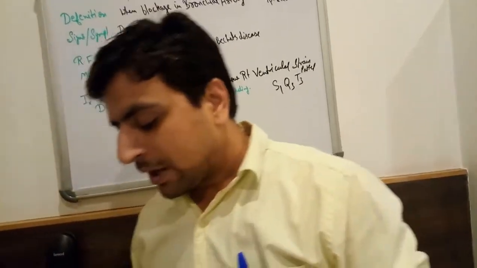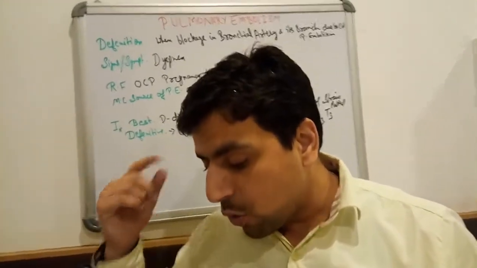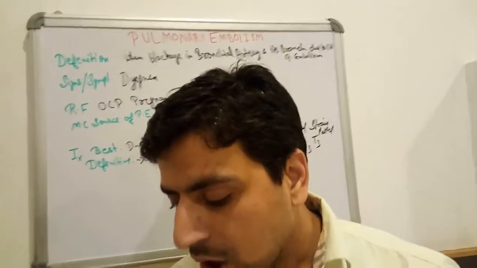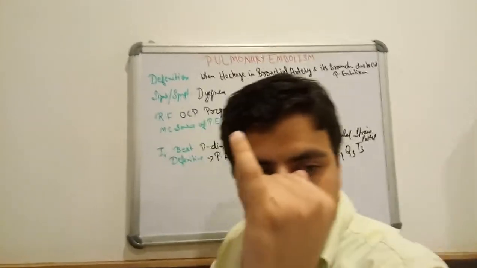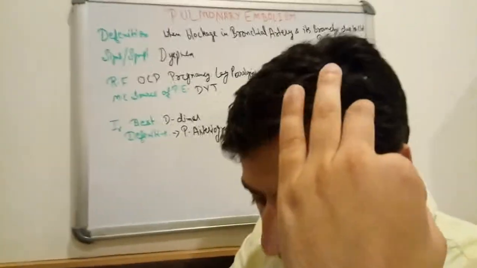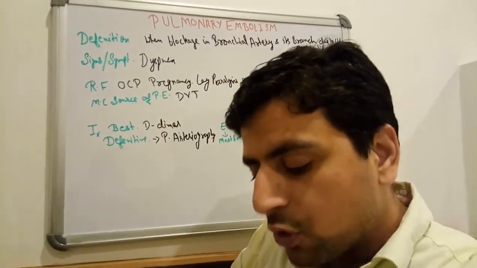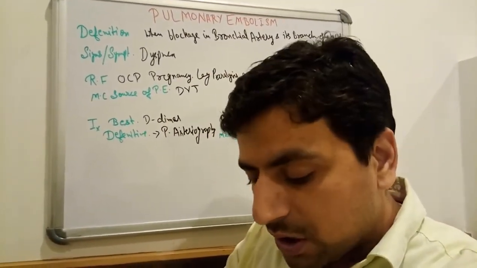Okay, another one. Wells grading of pulmonary embolism is based on... first one they asked Doppler. Second option is clinical symptoms. Third option is hemoptysis. Fourth option is heart rate more than 100 per minute.